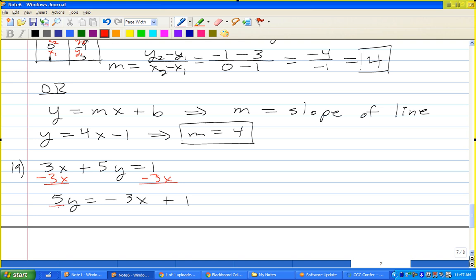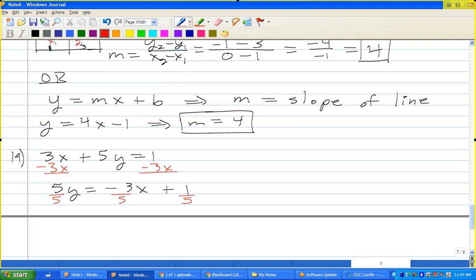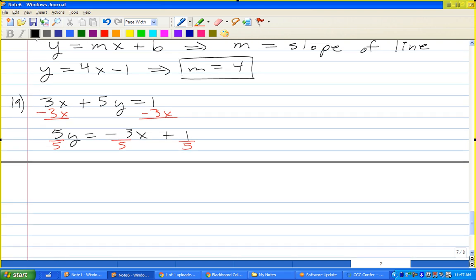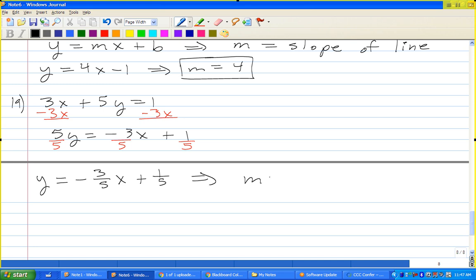Divide every term of my equation by 5. And so I get that y is equal to negative 3/5 x plus 1/5. So that says the slope of my line is negative 3/5, because that is the number in front of x.